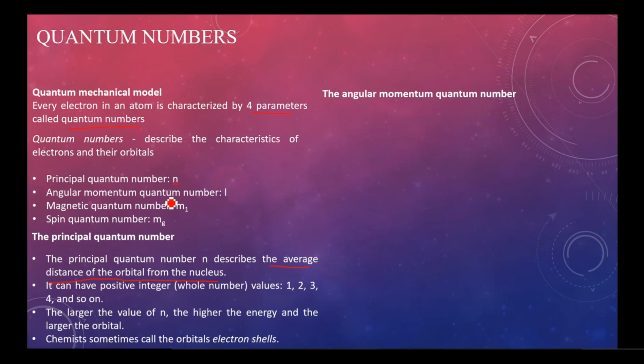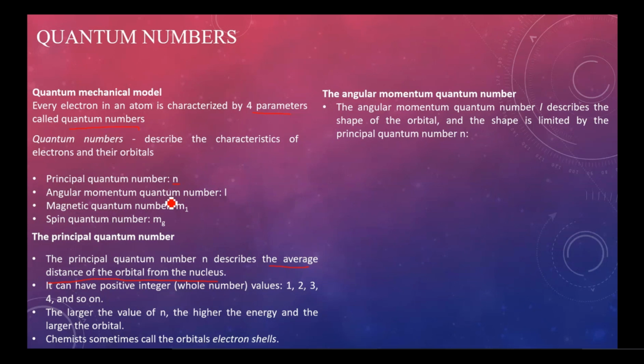Now, the angular momentum quantum number. This is basically defined by the letter L, and it describes the shape of the orbital. And the shape is limited by the principal quantum number n. That means for a specific n, you can only have a limited number of orbital or suborbital shapes available to you.